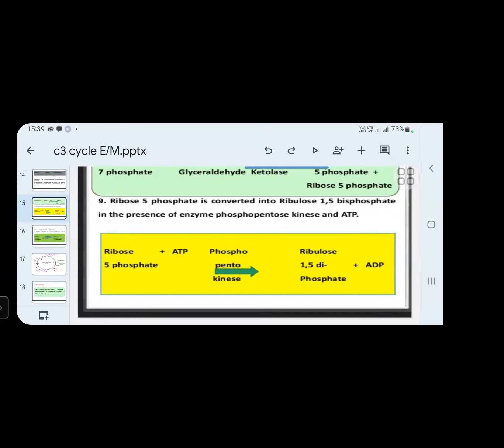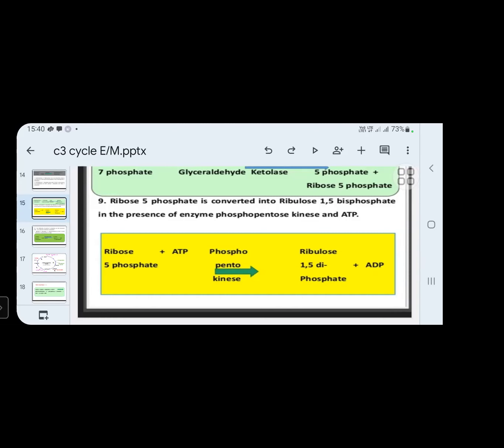The xylose 5-phosphate is isomerized to ribulose 5-phosphate in the presence of an enzyme, and in another way by epimerase also. The ribose 5-phosphate is converted into ribulose 5-phosphate through the action of pentose phosphate isomerase enzyme.